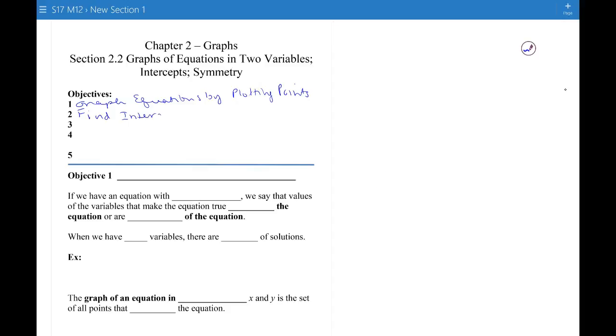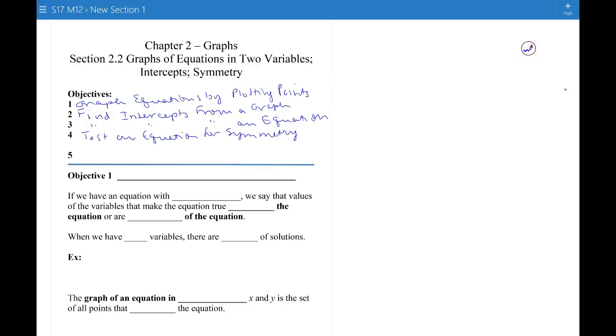Then we're going to look at finding intercepts from a graph, and then find intercepts from an equation. Then we're going to learn how to test an equation for symmetry.